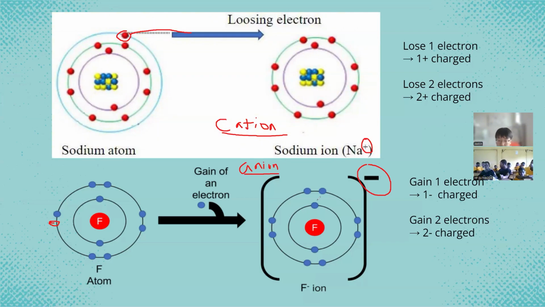See, for fluorine, it has 1, 2, and 1, 2, 3, 4, 5, 6, 7. It has a 2-7 shell structure. And fluorine doesn't want that. No atom wants a 2-7 structure. They want 2-8 or 2-8-8.